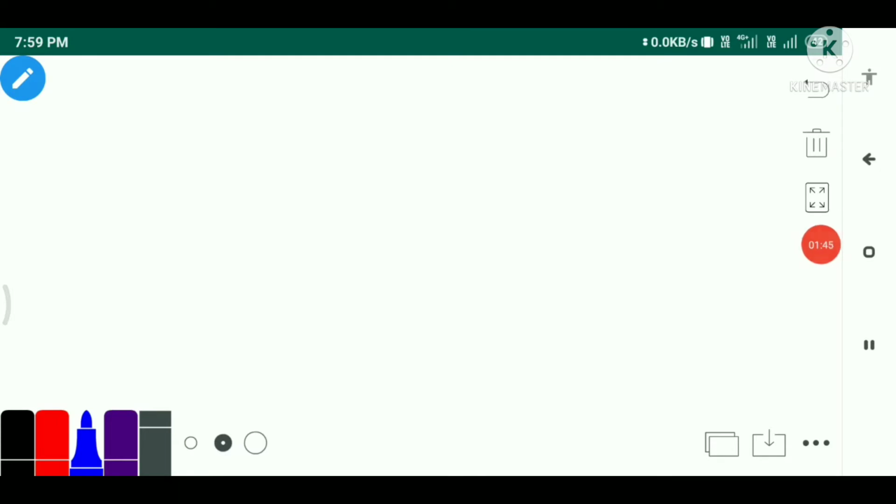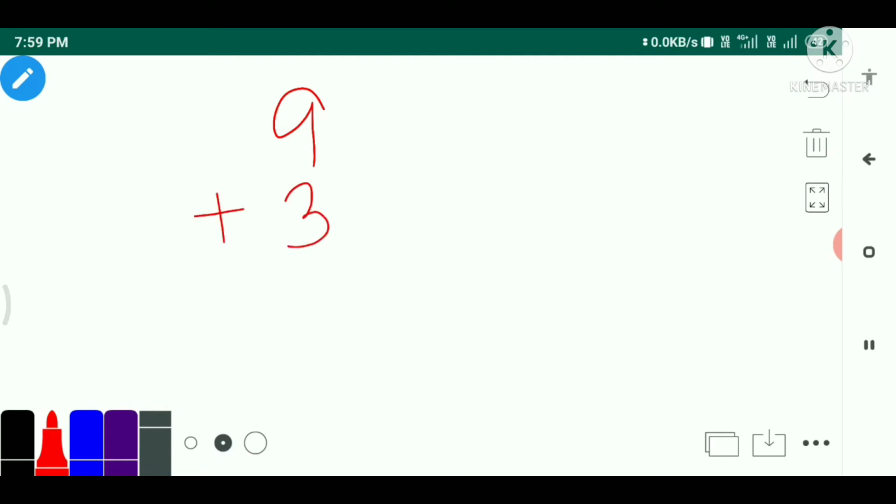Okay, so now let me discuss how we can add any two numbers. Okay, so for example, 9 plus 3 it is given. So how will you count this one? We can count these numbers by two methods, right? First method is what? By drawing some lines, right? So how many lines we will draw? Based upon the number. So 9 is there, so here we'll draw 9 lines.